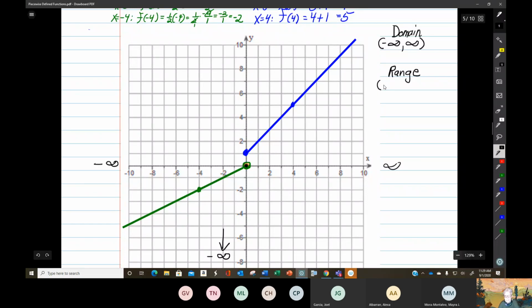I want to find out. And then it keeps rising, rising, rising, and it comes to a stop at y equals 0, which is on the x-axis, because of that open hole. So the left arm stops at y equals 0, but it doesn't actually equal y equals 0. So I put a parenthesis.